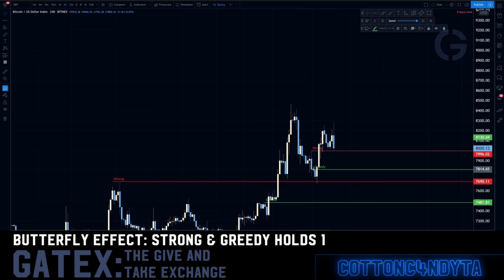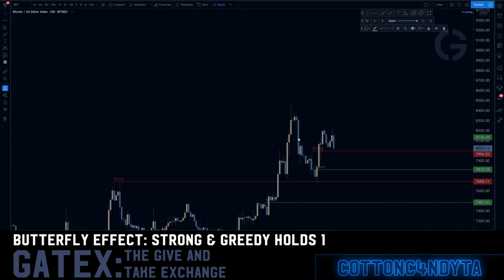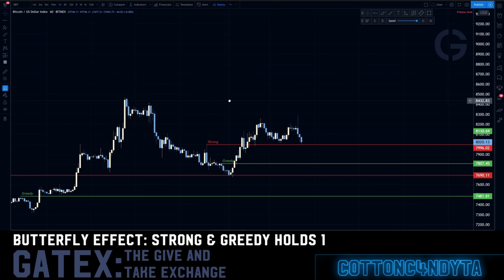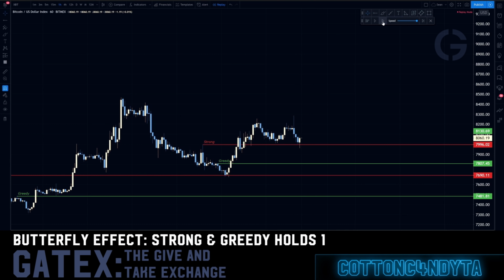We haven't really looked at the greedy level yet, so we don't need to concern ourselves too much with the reaction. We're just starting to define the strong hold levels. Strong versus greedy. Really, the key piece of information here is understanding that they have a very specific type of reaction, and this is one of many types of hold levels.